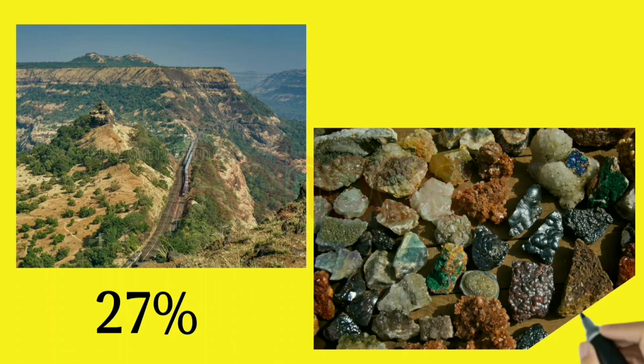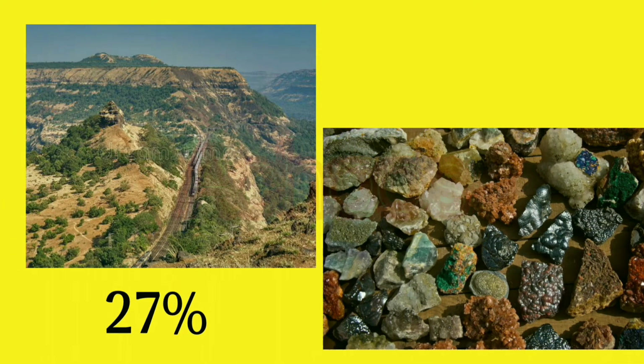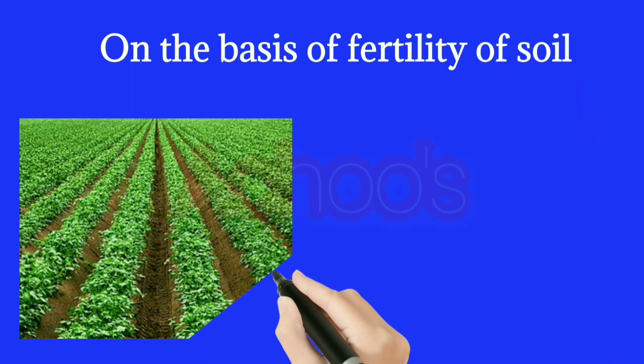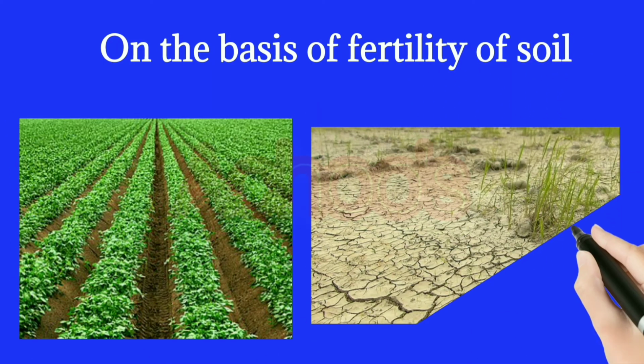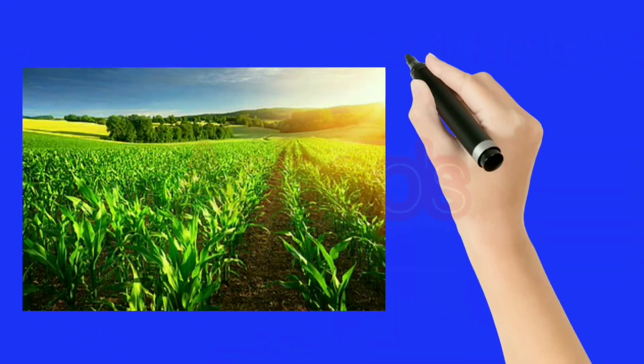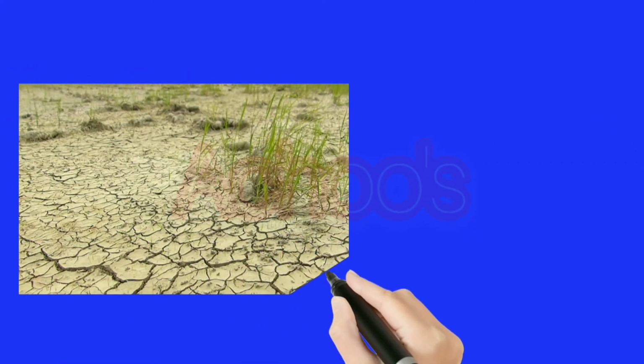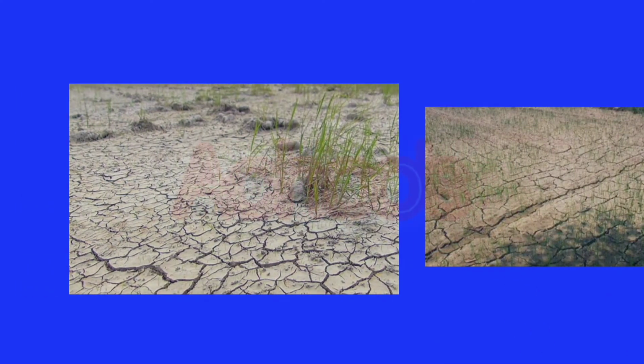On the basis of fertility of soil, land can be categorized as fertile land and barren land. Fertile land is capable of producing abundant crops and it is thickly populated, while the barren land is very dry. It is not suitable to grow crops and vegetation.